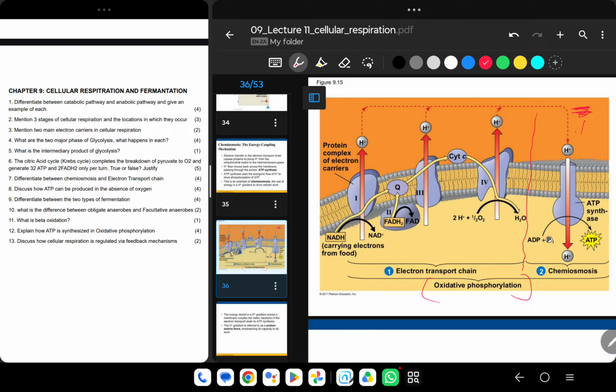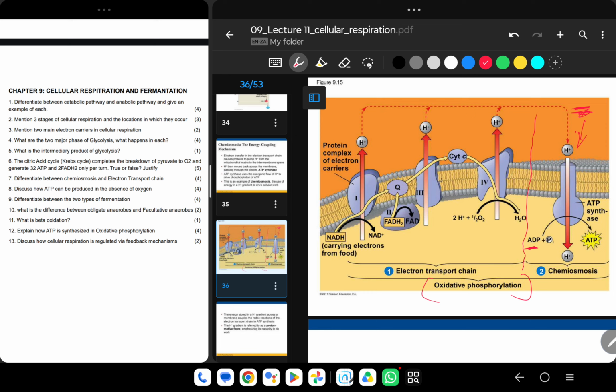As they do that, ADP gets regenerated to ATP. That is how ATP gets generated there, because this ATP synthase causes the phosphorylation of ADP, which forms ATP. So that is just it.